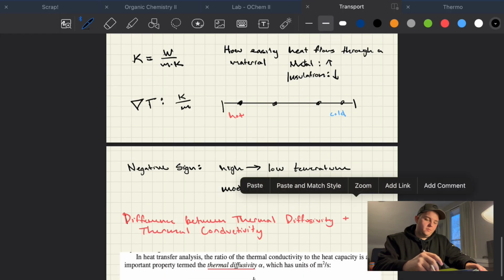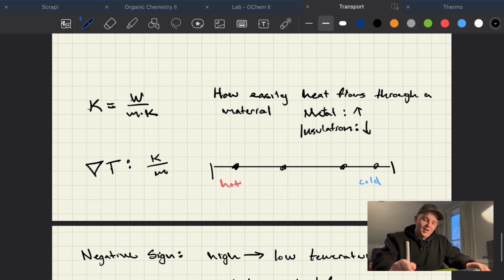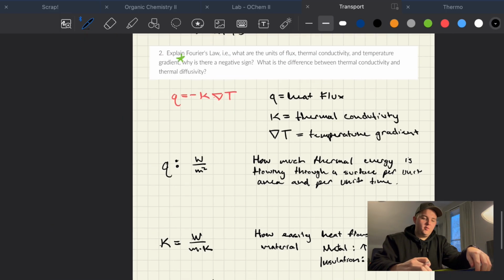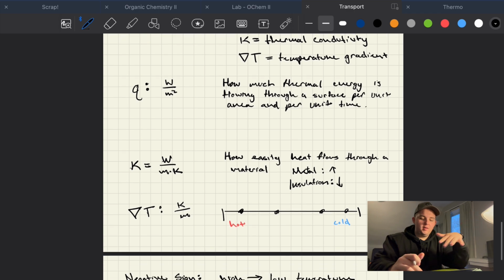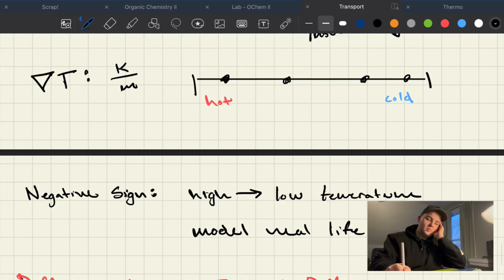Okay. So I kind of have this from what I messed up earlier. Negative sign, high to low temperature, and it will model real life scenarios. So sorry, I already have this written down, but the negative sign just ensures that Fourier's law will flow from high to low temperatures, and it will also model real life scenarios.